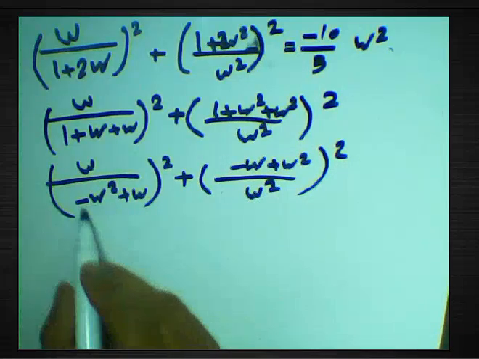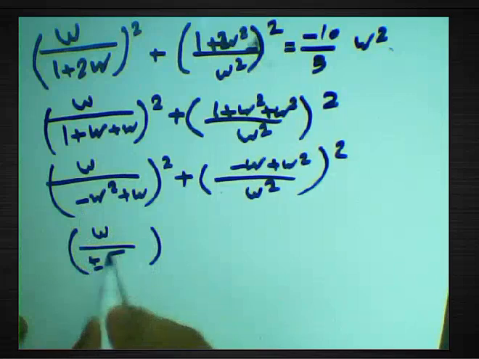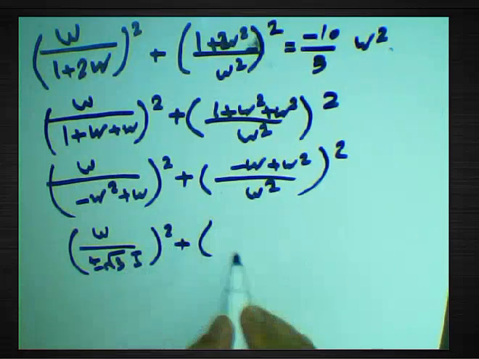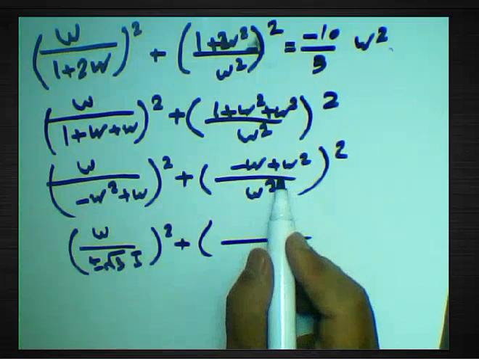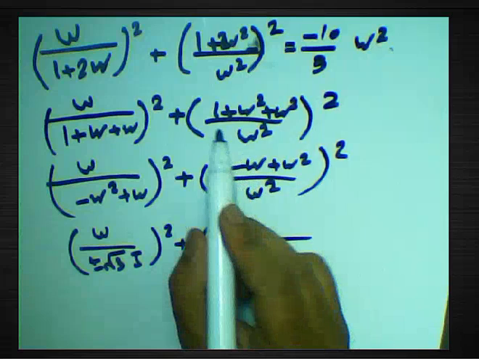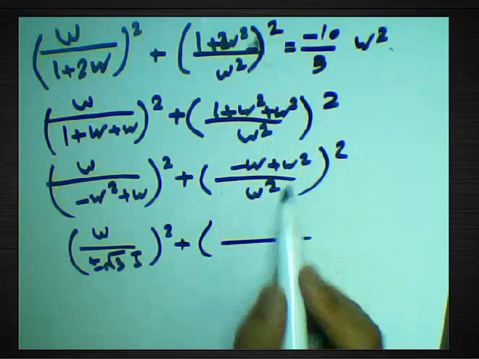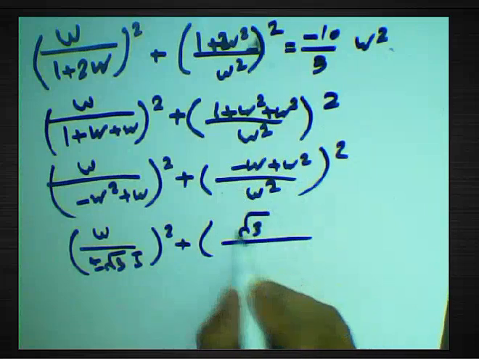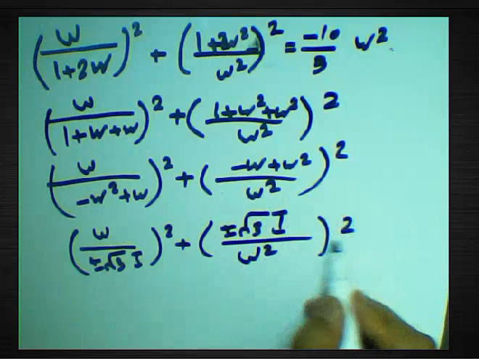And then we can write the result here. Omega over positive or negative root 3 i, all power 2, plus here omega power 2 minus... what do we write here? We have 1 plus omega power 2 plus omega power 2, we have omega power 2 minus omega, it will be root 3 over root 3 i, the difference between them, over omega power 2 all power 2.